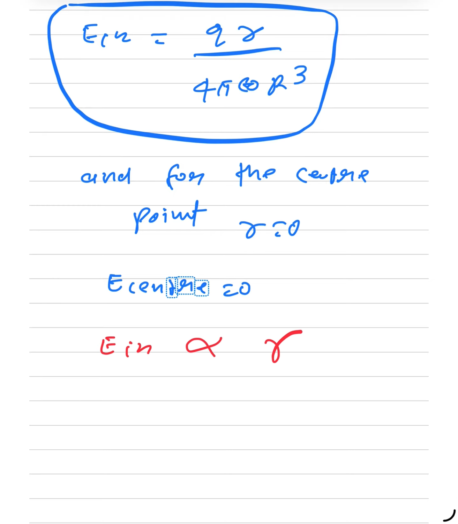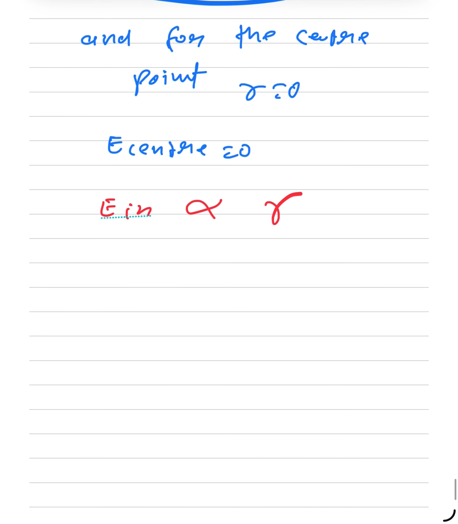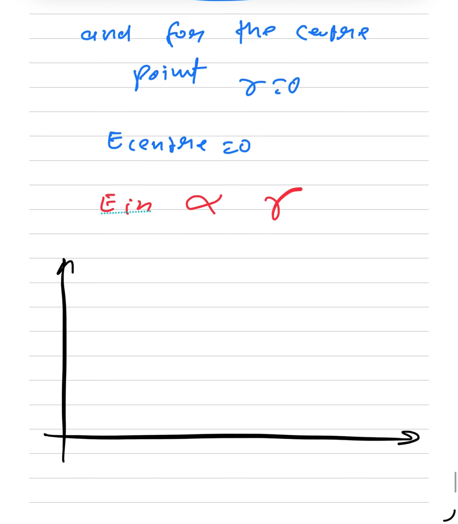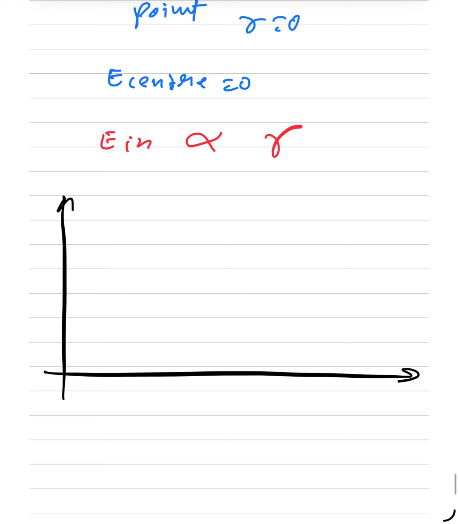which means the electric field inside is directly proportional to r, as from this formula. For the graph, here is electric field E and here is distance r.